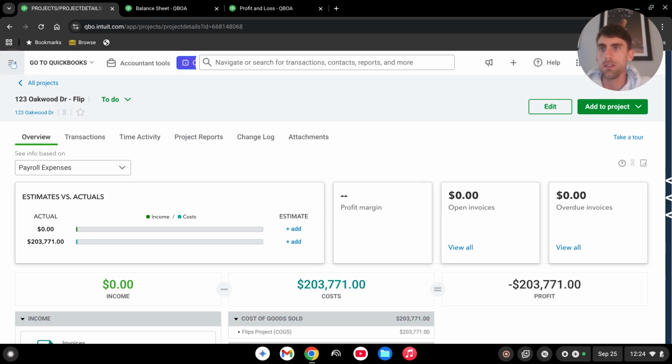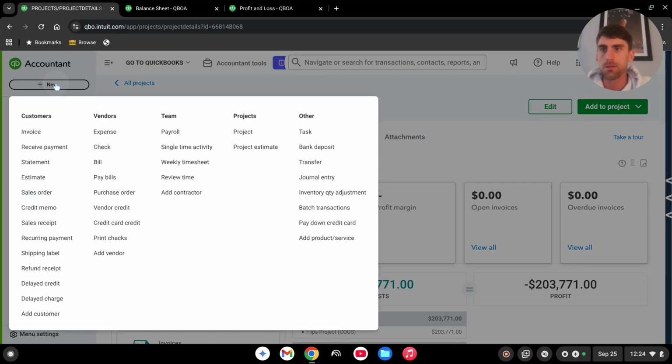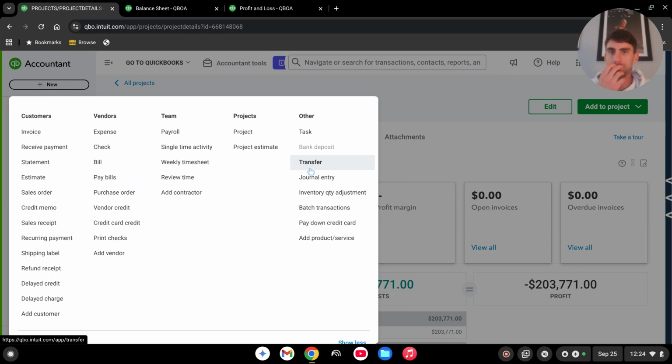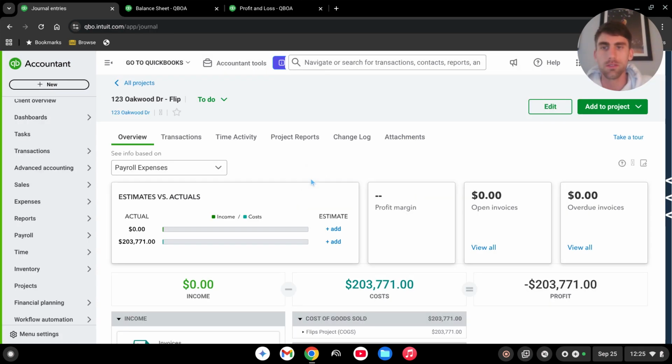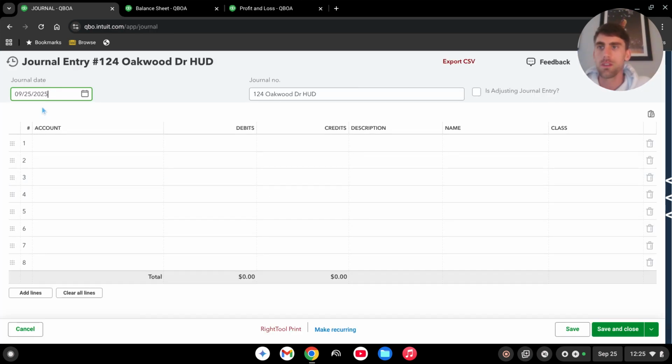Let's go ahead and sell the property. So we're going to go back into the journal entry. And maybe we sold it 12/5/2020. Okay.